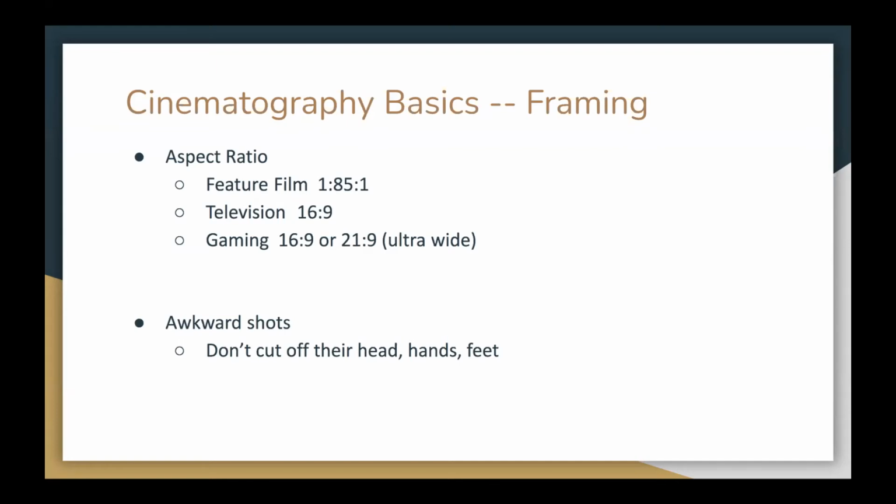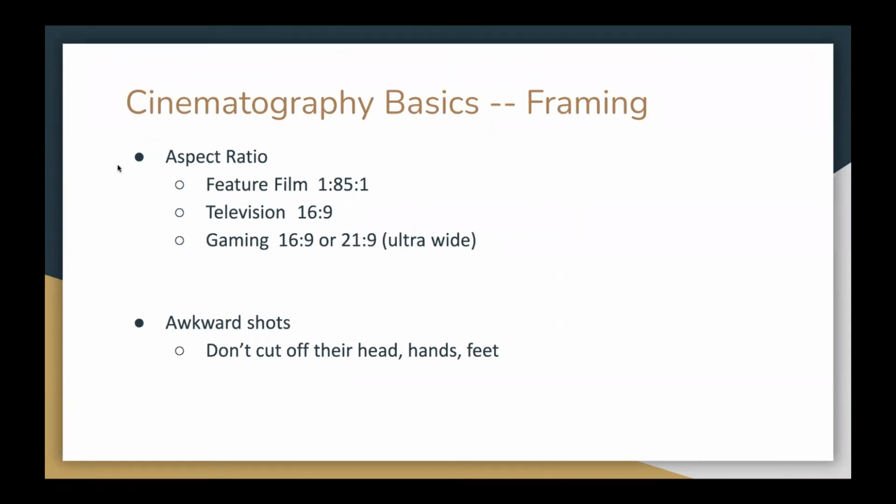And this is important to know because if you're going to start boarding something or animating something, and you want to utilize these different types of framing or different types of perspective shots, you don't want to accidentally do an awkward shot, which is when you cut off the subject's heads or their hands or their feet.